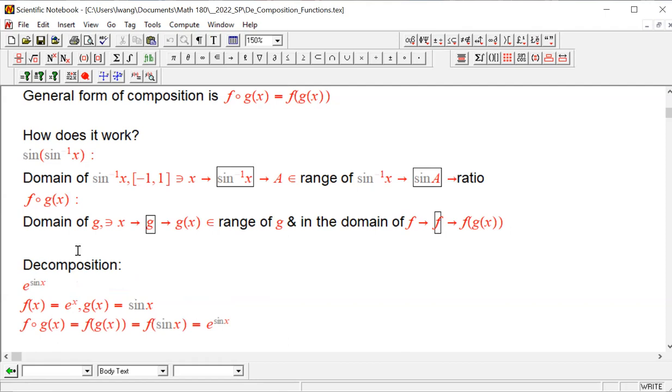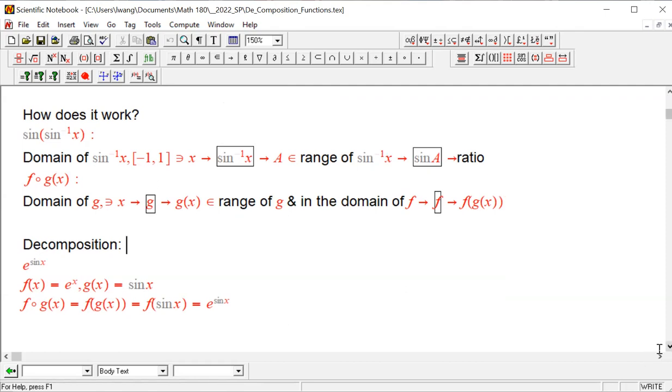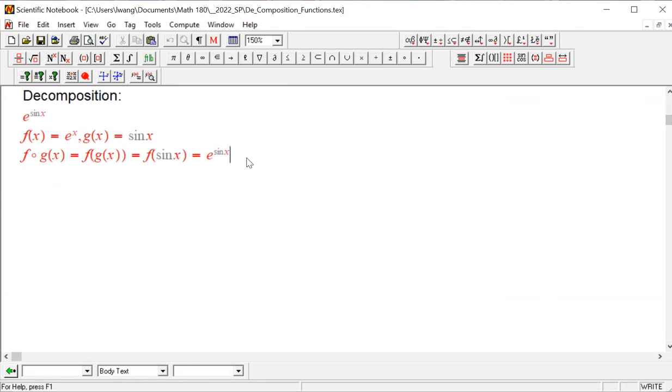Decomposition is from outside in. Let's write these down. For composition, we're doing from inside out. Decomposition is outside in. It's just the opposite.